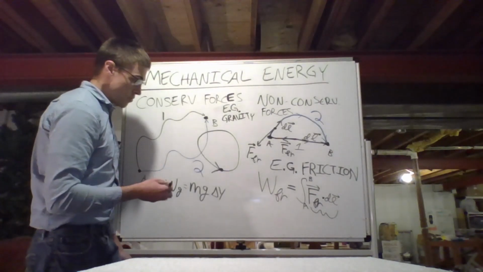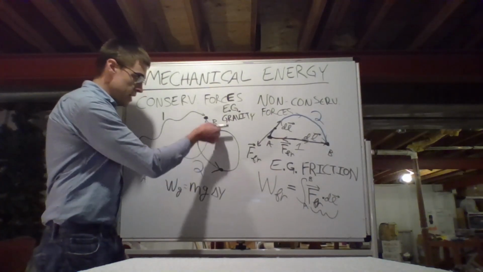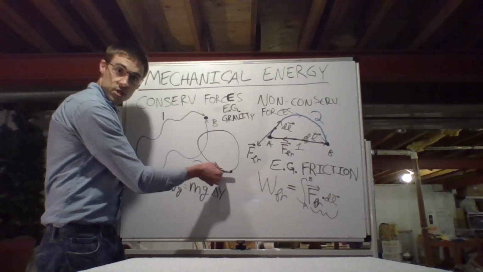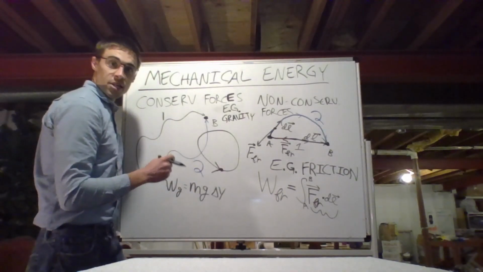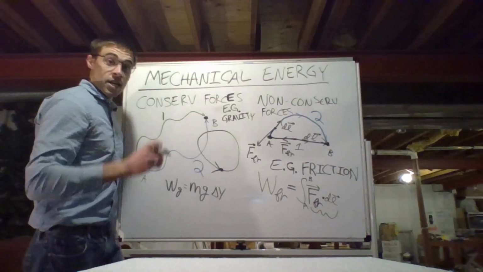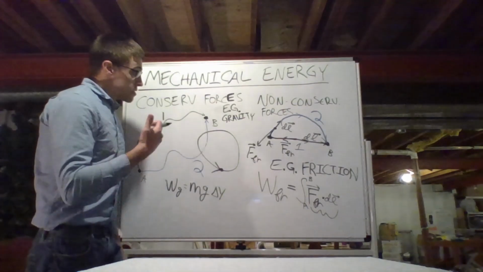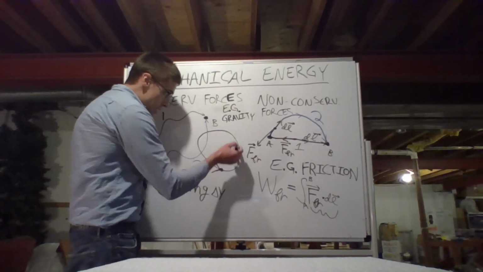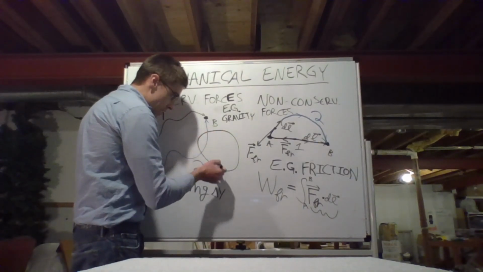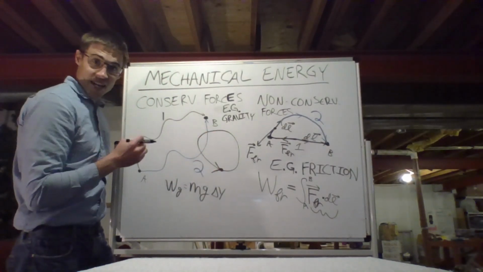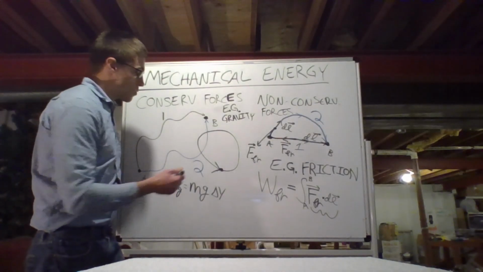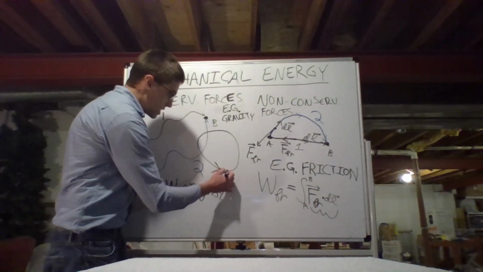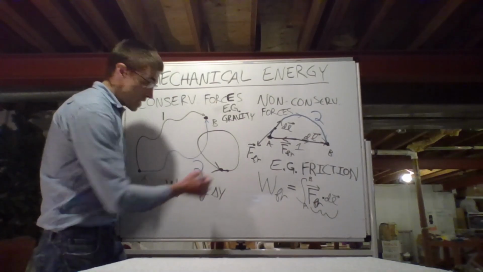This is the case with gravity, right? If I take something, I pick it up, and then I set it back down in its original location, gravity has done net zero work. In the case of friction, there is work done at every element all the way around, and that work never changes sign. The F dot dl element is always going to be negative.